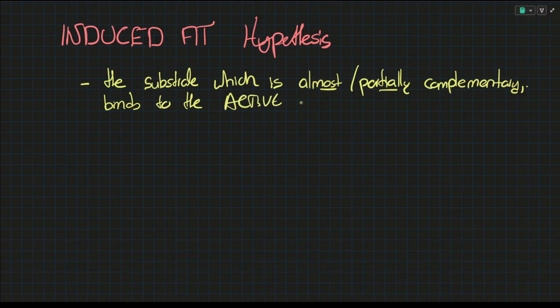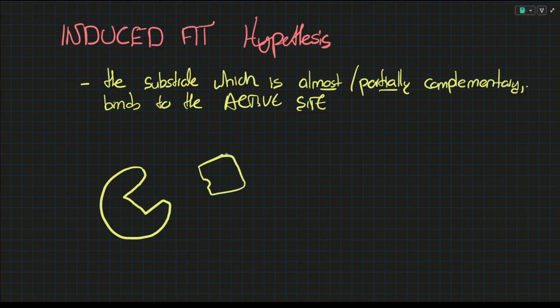What does that look like? Let's see. Now I have the enzyme. I'll use the same shape. And now I have the substrate, but this substrate is not a perfect fit. There's a small hitch to it, like.